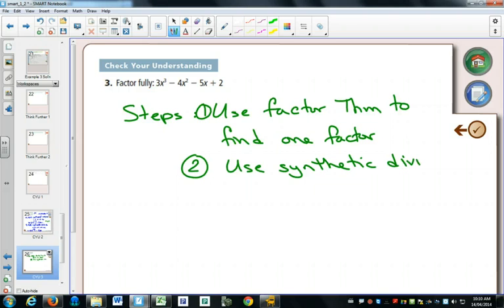Step two, we're going to use synthetic division with that factor.